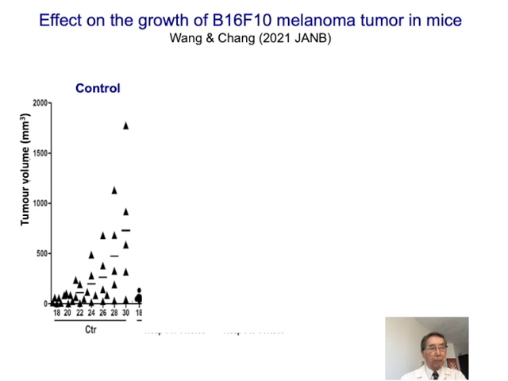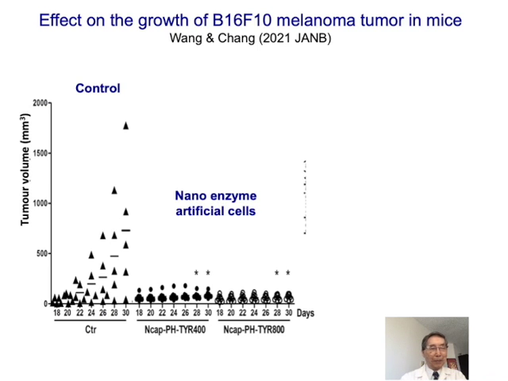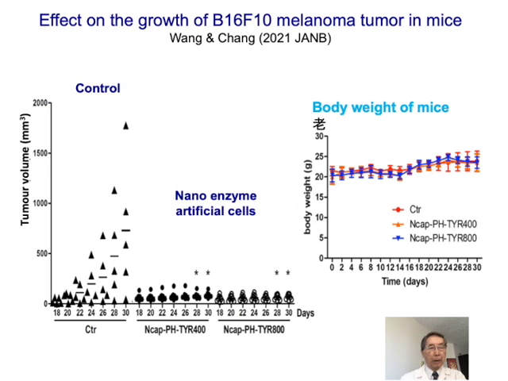In a control group, giving empty microcapsule or saline, the tumor continued to grow. But if you give these in nano-artificial cell, it suppresses the growth completely. And the animal body weight doesn't change and there's no side effect.